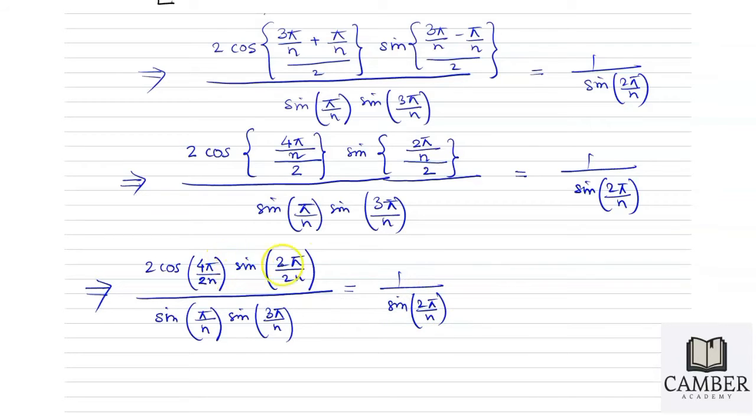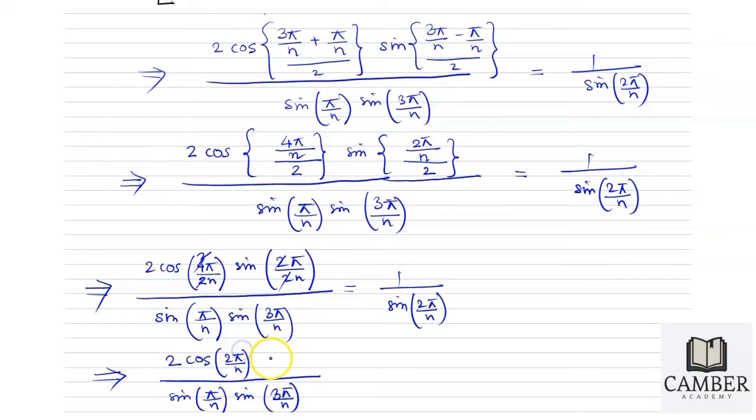If you observe clearly, the 2 and 2 get cancelled out, and 2 into 2 is 4. So finally we are getting 2 cos 2 pi by n in the numerator, and also sine pi by n.